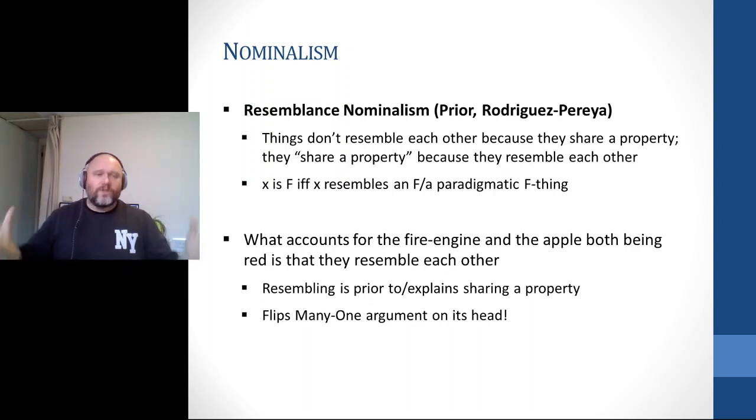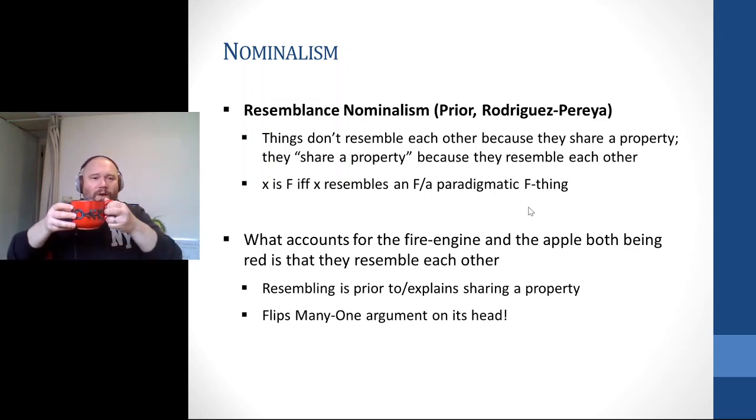That is, we start off with a bunch of resemblance facts, and these are what we're going to take as given. So we'll say something like x is F if and only if x resembles an F, or x resembles a paradigmatic F thing. So why is my mug red?